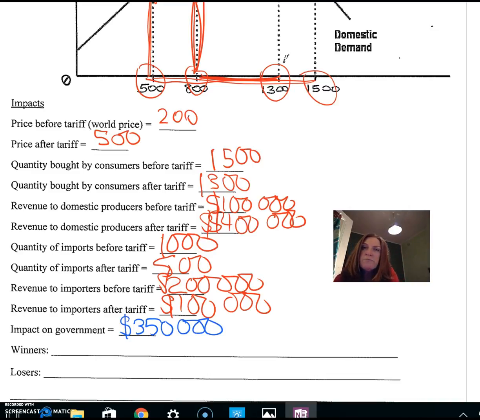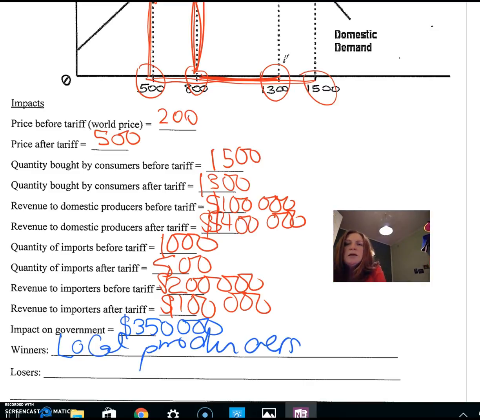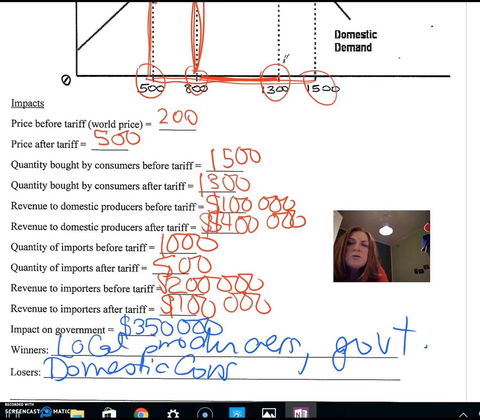So the winners of the tariff on barbecues are obviously local producers, or domestic producers. I'll have to practice this. And the government, in terms of government revenue. Okay, losers: local or domestic consumers, global producers.